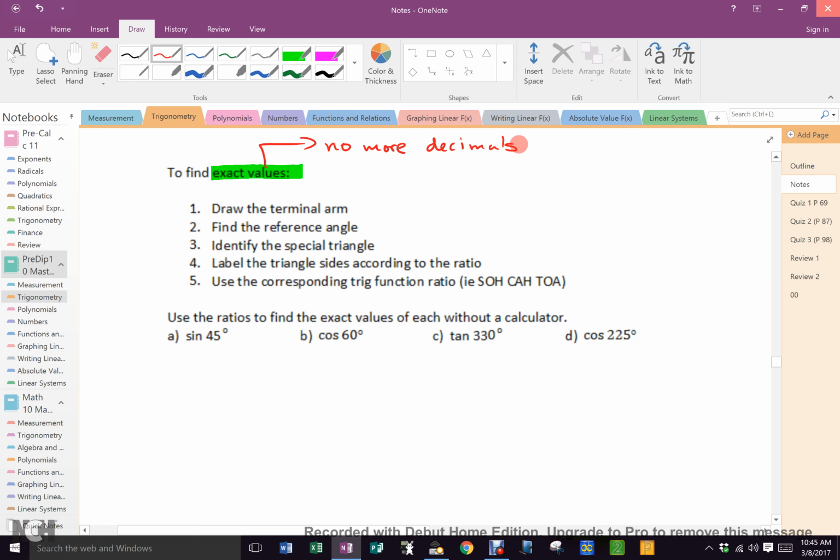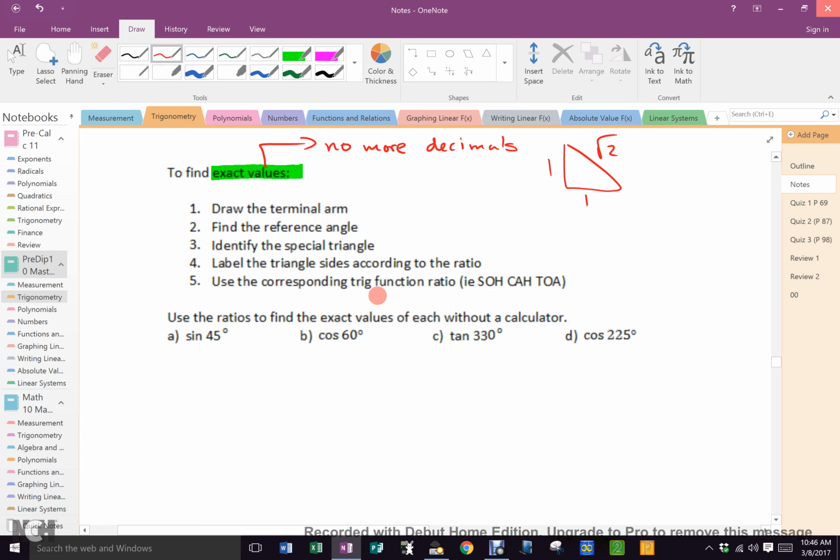So what does that mean? Well, just like we just drew, 1, 1, root 2. Until today, would we leave that as root 2? No, we would write it as 1.414 and we would round it off, wouldn't we? Now, we are leaving it as a root. Everybody cool? This is what you need to do.